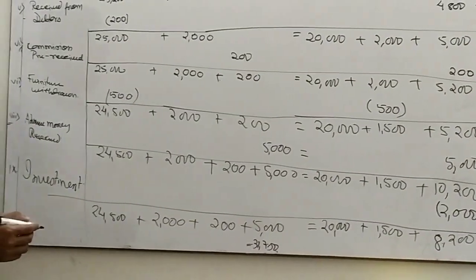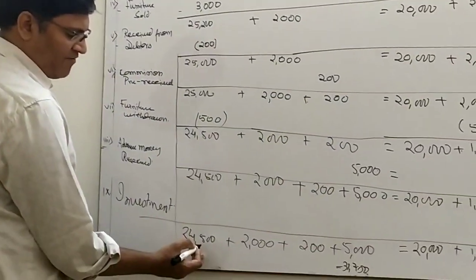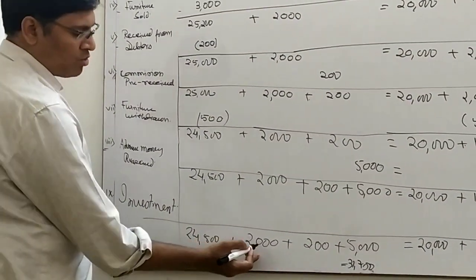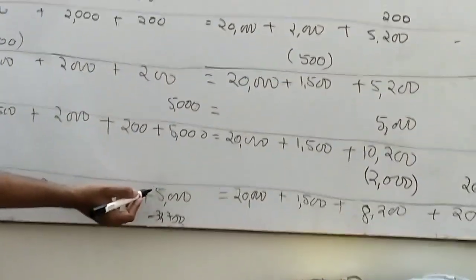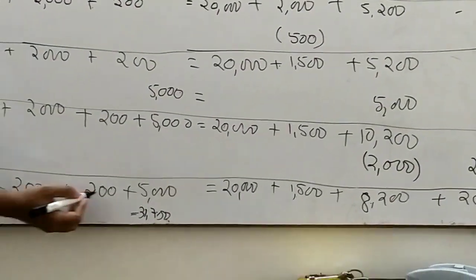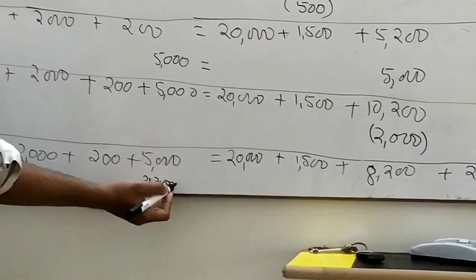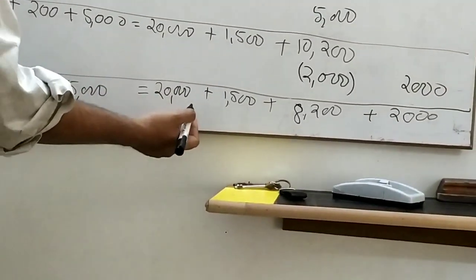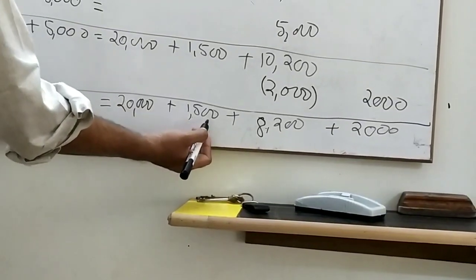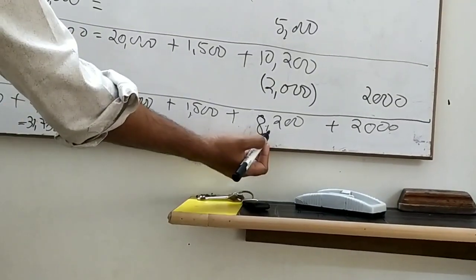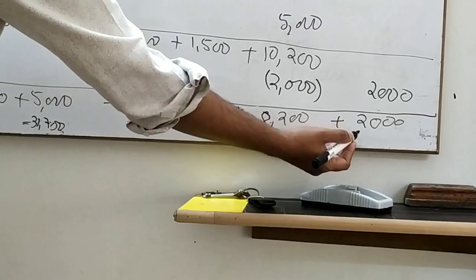Now I will be adding the last equation. Let's see our accounting equation is coming same or not. 24,500 our capital, 2,000 creditors, 200 is our pre-received income, and 5,000 advance received. If I will add this all, it is coming to 31,700. Let's see asset side is also 31,700 or not. 20,000 your bank balance, 1,500 furniture, 8,200 is the cash, and investment 2,000.